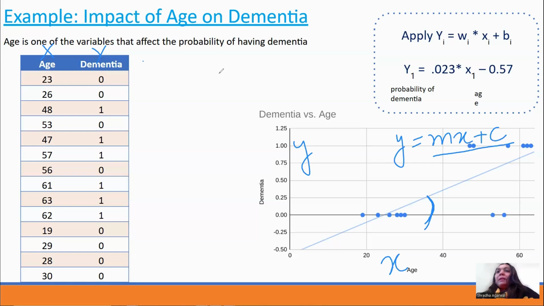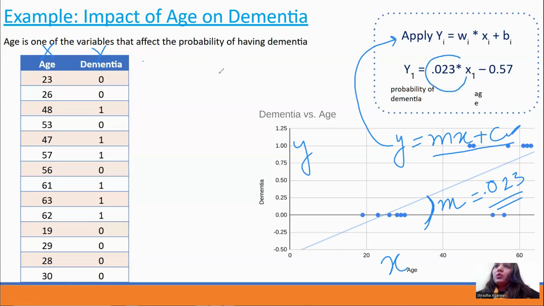Now, this slope here is m, and this is exactly what is happening inside the neuron, where you have the famous equation y = wx + b. From this, we got a weight value of 0.023. When I fit this mathematically, I get this equation, 0.023 plus bias.